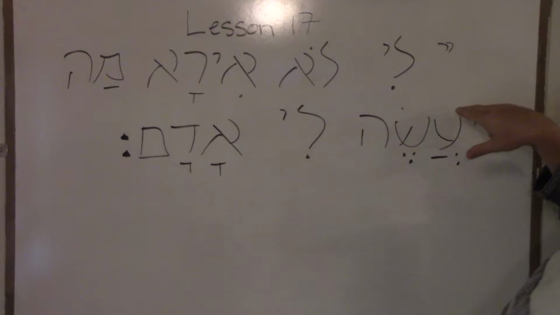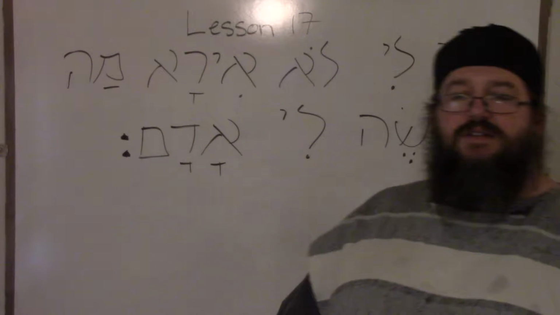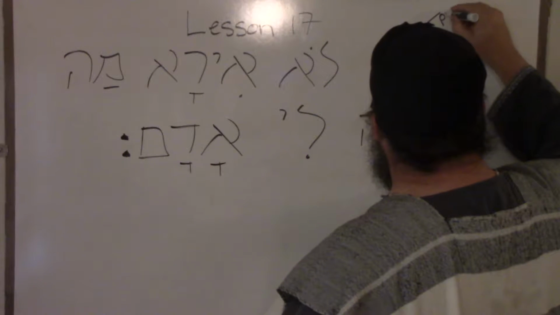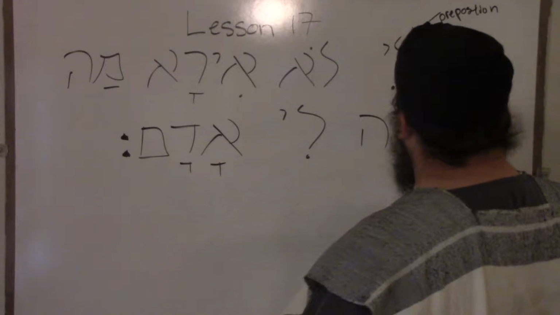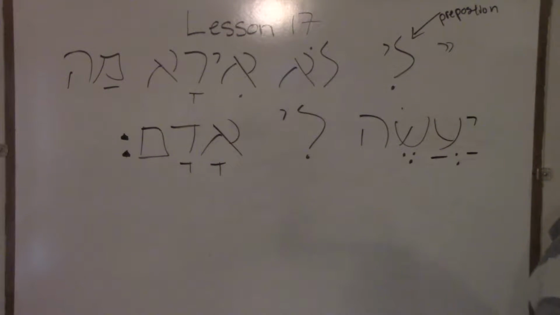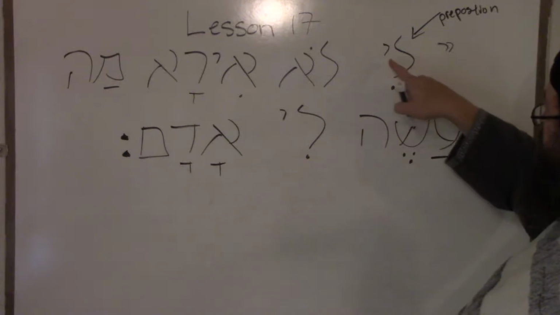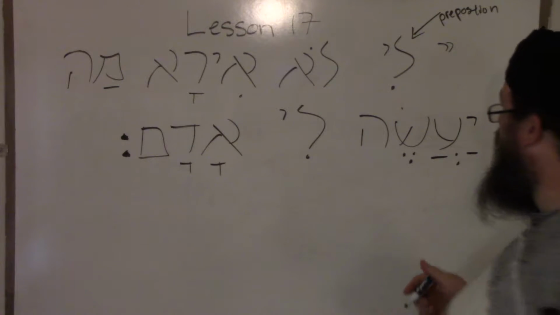So, the Lord, li. What is li? Li is a preposition. Okay? So here we have a preposition, and it is the preposition for. You see here is the yud, this is the pronoun ni.